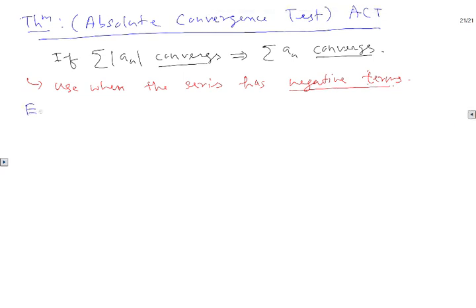As the first example, let's say the sum from n equals 1 to infinity of sine cubed n over n to the 3/2 plus 1. You know that sine takes negative and positive values, and this is an odd power, so it can take negative terms in this case.